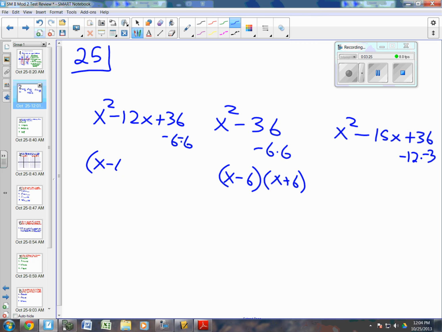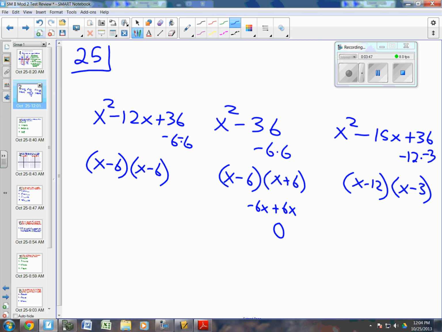This one was x minus 6 and x minus 6. And this one was x minus 12 and x minus 3. Okay? When you multiply this one out, you're going to get negative 6x and positive 6x for your middle terms, which are going to add up to 0, right? And so that's why there's not a middle term there.